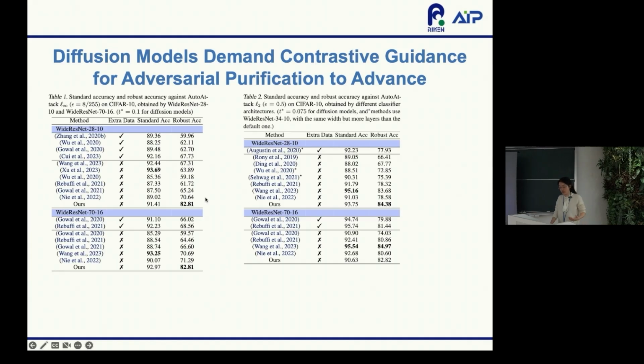So we can still beat them in robust accuracy, which is quite impressive. And we even beat the pure purification methods we discussed before by around 10% in robust accuracy, which is a very high increase. For the same AutoAttack, when we changed the adversarial attack budget a little, we can still beat them, even the adversarial training methods, which already see these attacks in their training process.